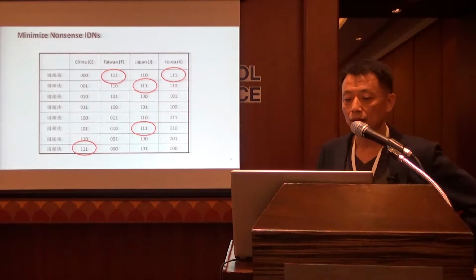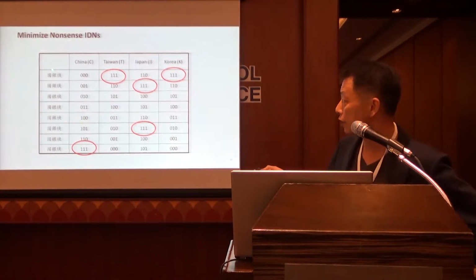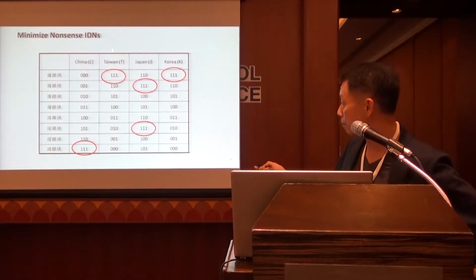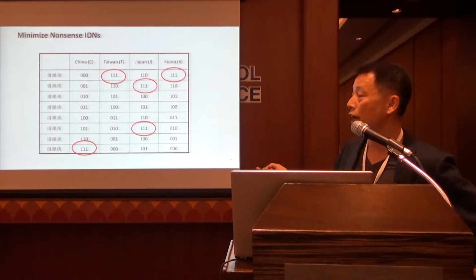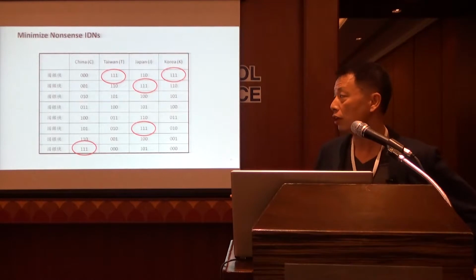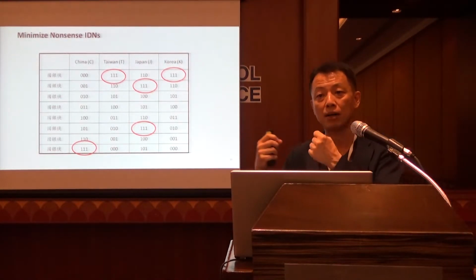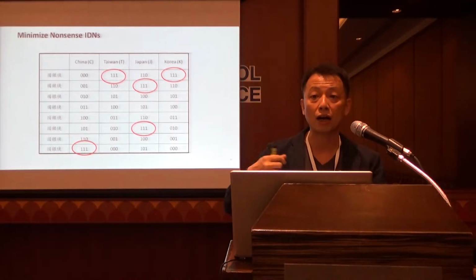Okay, that's the combination for the validation measure. For example, there are still 3 characters for traditional Chinese, simplified Chinese, Japanese, and Korean. Once you have the validation measure, you can minimize the nonsense. For example, if the combination mixes Chinese, Japanese, and Korean, that becomes invalid because you put 3 kinds of string together.